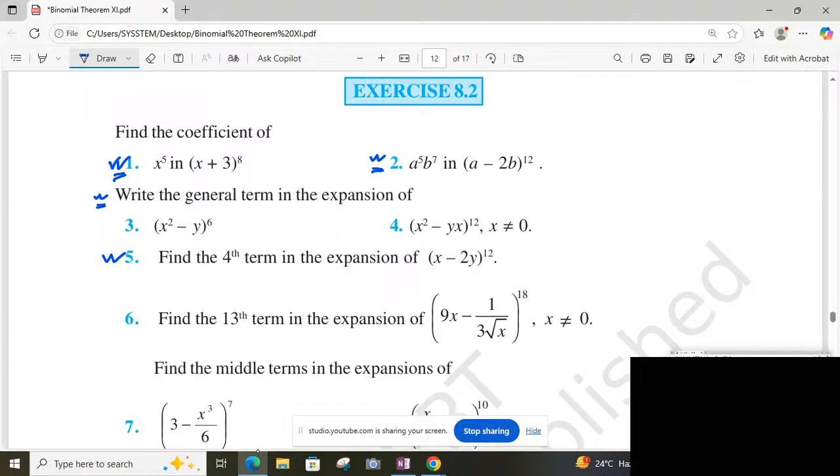Okay, so let's see, this is also a very easy question. Let's see the solution of this question.